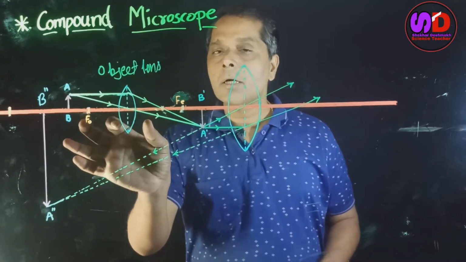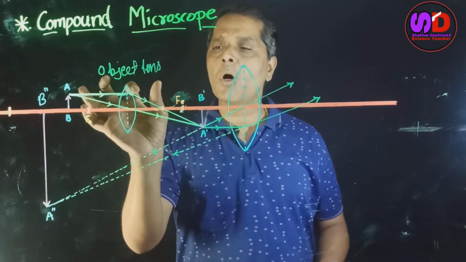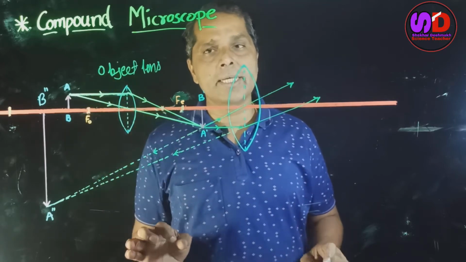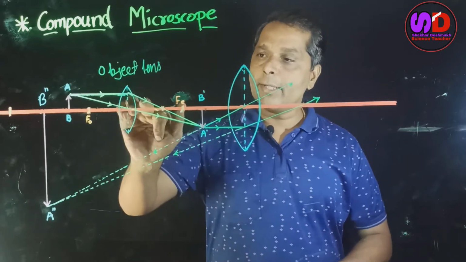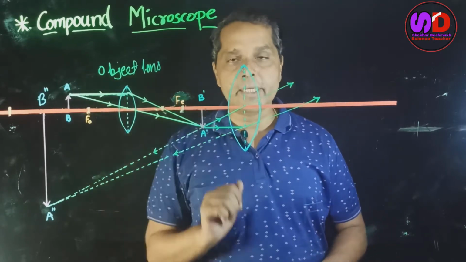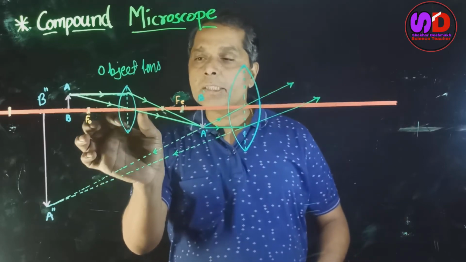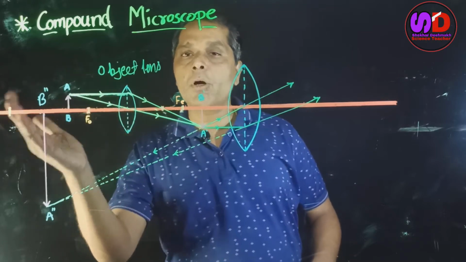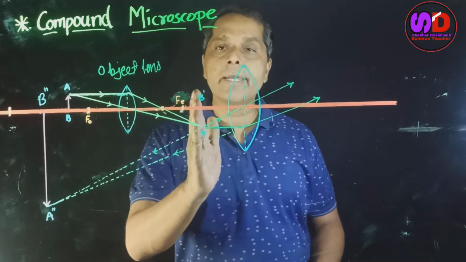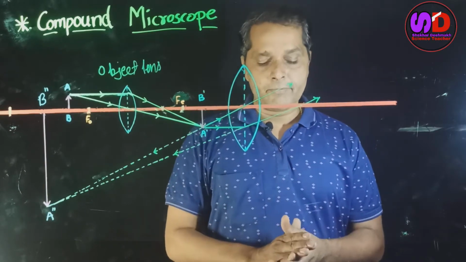So a convex lens of smaller focal length and smaller cross section is used as an object lens. It is called the object lens because it is close to the object. We focus the object in such a way that it is just beyond focus and we get a real and inverted image of that object.